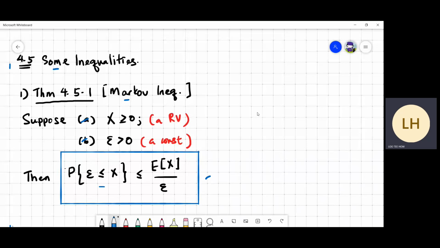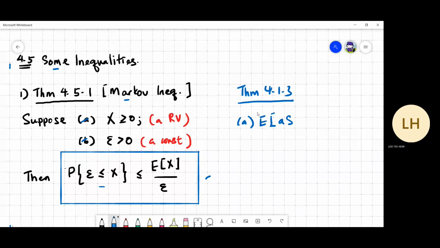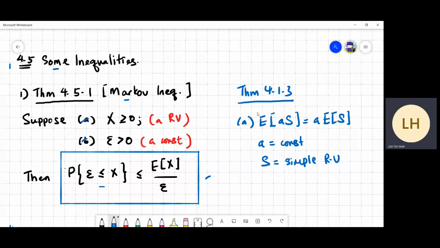The theorem that we need in this proof is theorem 4.1.3. Let's recall what theorem 4.1.3 says. In this theorem, we need two statements here. The first statement is this: E of AS equals A times E of S. Here, A is any constant, positive or negative, and S is a simple random variable.